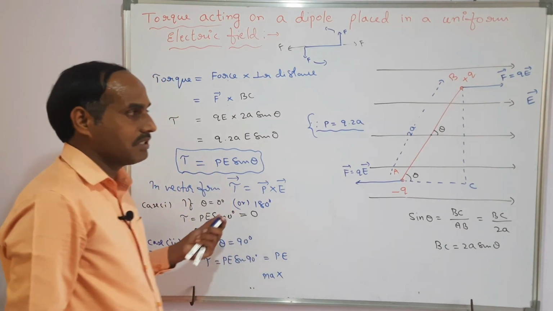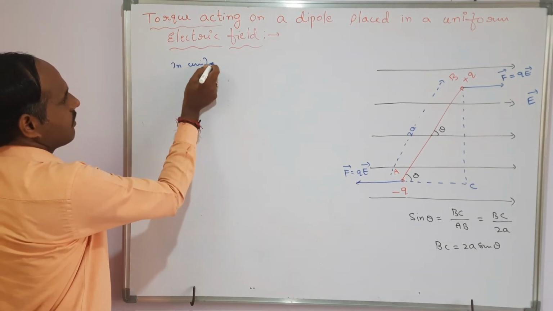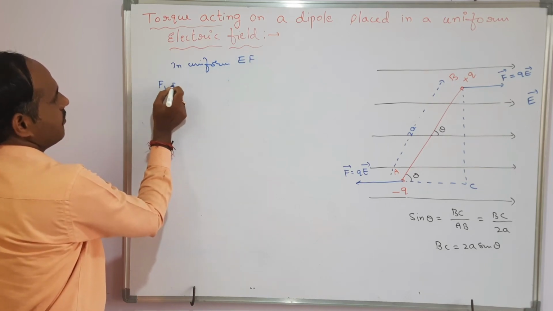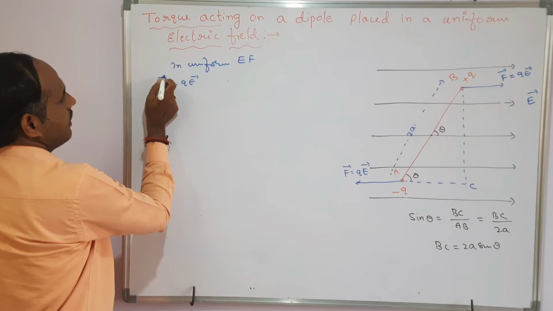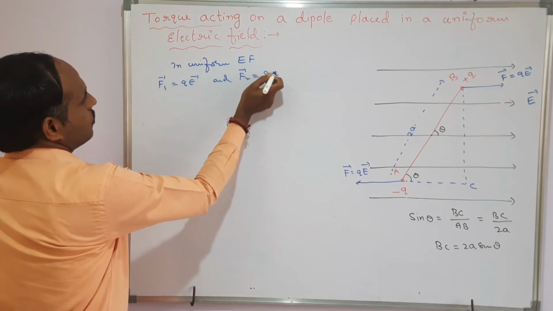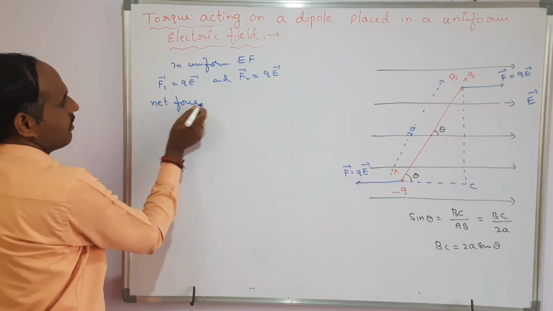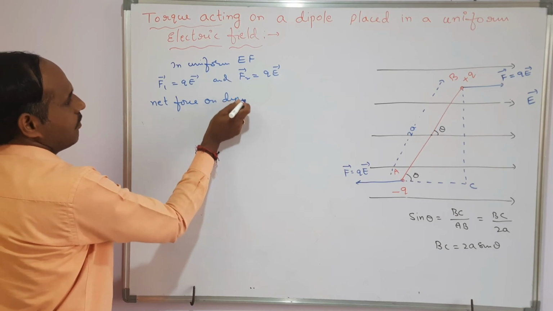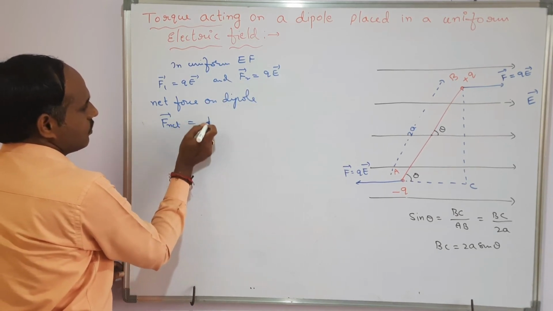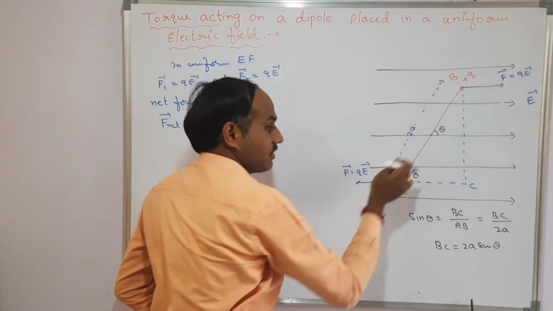Now we will take one special case. In a uniform electric field, we can write F1 bar equals QE bar, and F2 bar is also QE bar. But when you come to the net force on the dipole, we can write F net bar equals F1 bar minus F2 bar because of opposite directions.